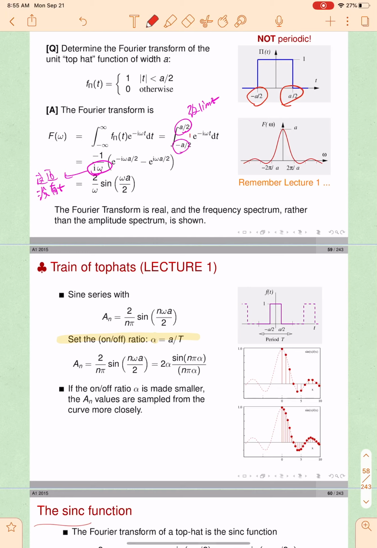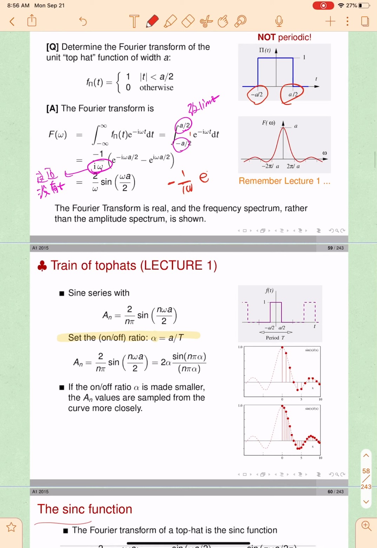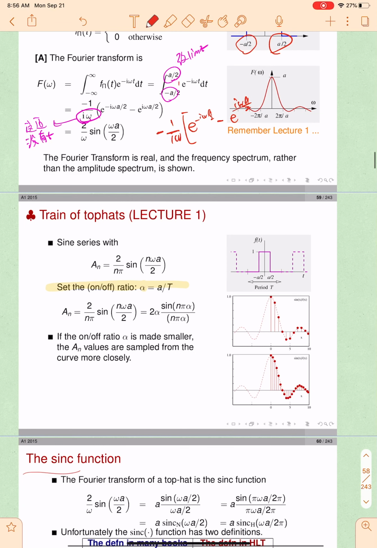Then you do the integration. So you will have i omega on the bottom and 1 on the top, and you have a minus sign, and e. And you sub in the values, minus omega a divided by 2, minus, add a bracket, e to the i omega a divided by 2, because minus gets plus.